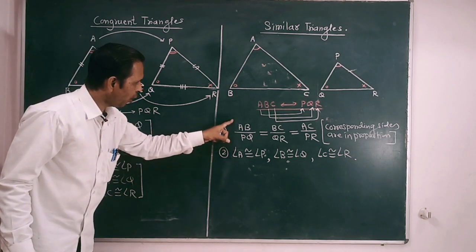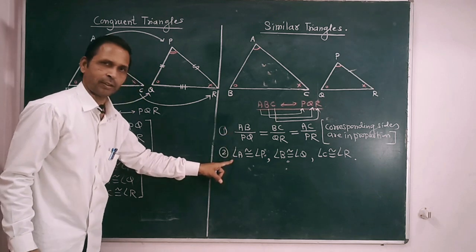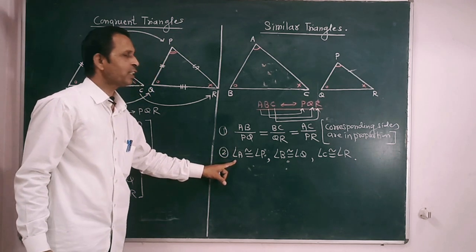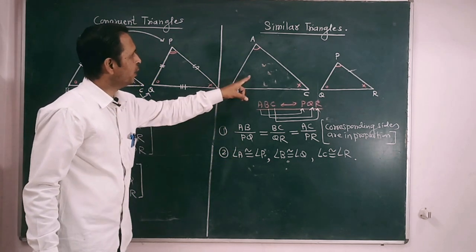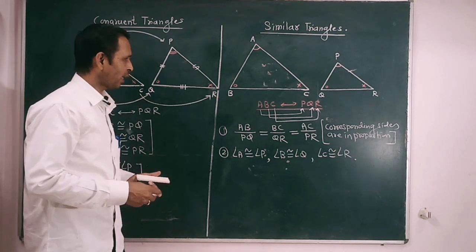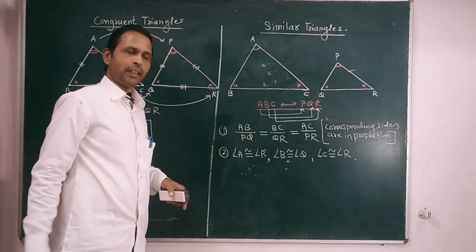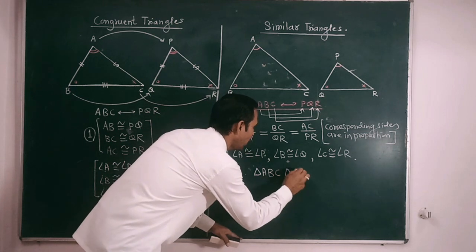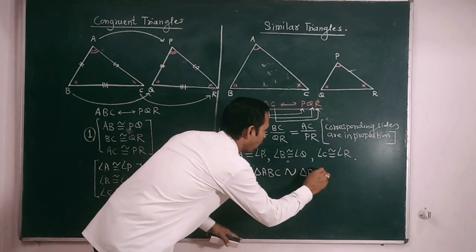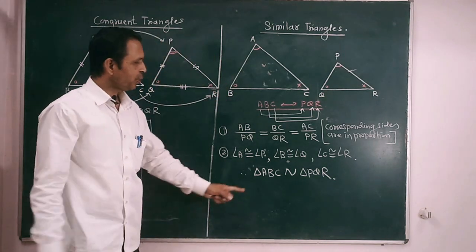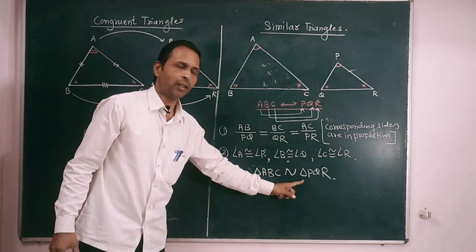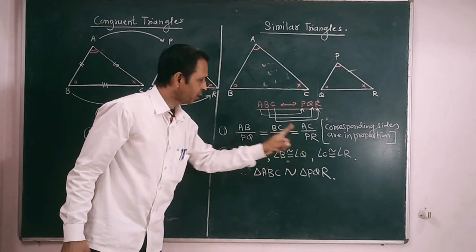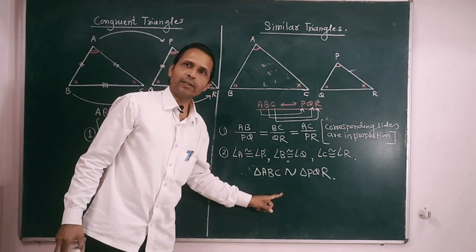When all these conditions are satisfied, we say that these 2 triangles are similar triangles, and for similarity we use a sign: triangle ABC is similar to triangle PQR. Two triangles are similar when the corresponding sides are in proportion and the corresponding angles are congruent.